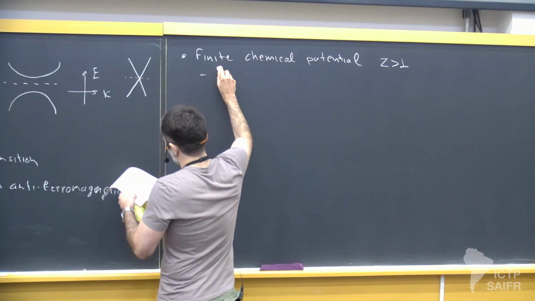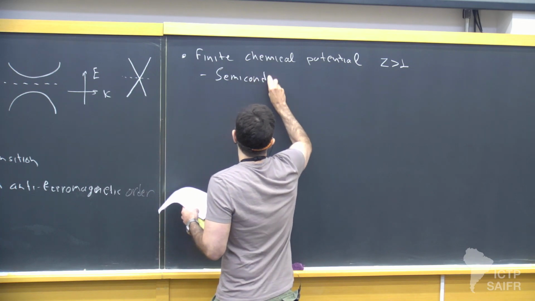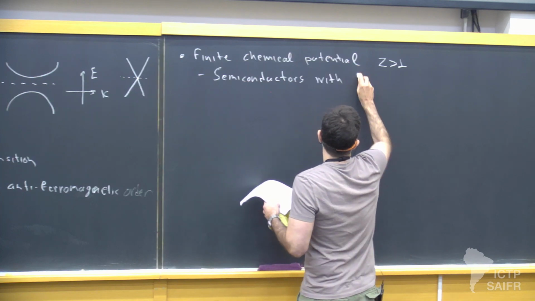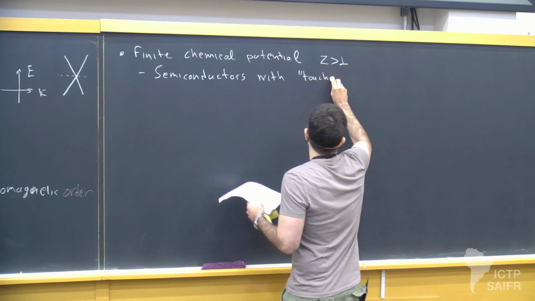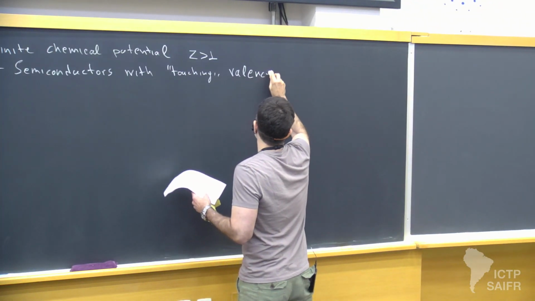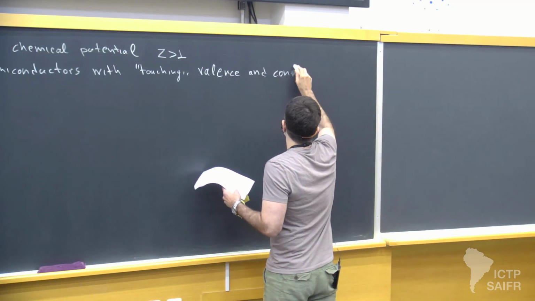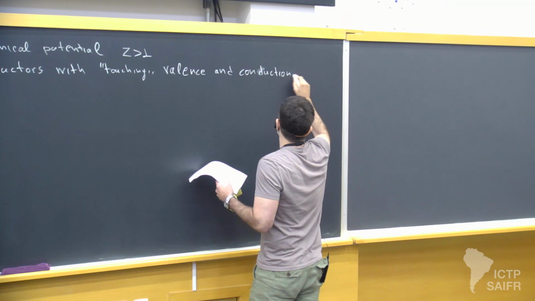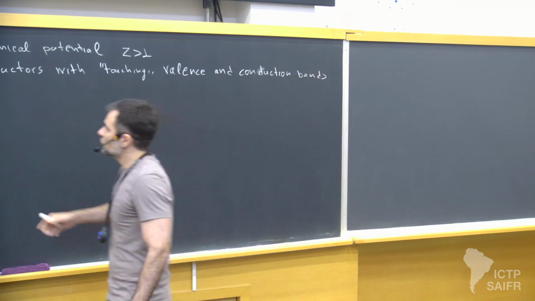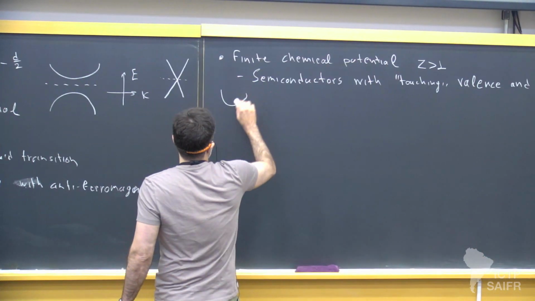So an example of that is semiconductors with touching valence and conduction bands. Okay, so this is very similar to graphene, but the valence and the conduction bands have some curvature.